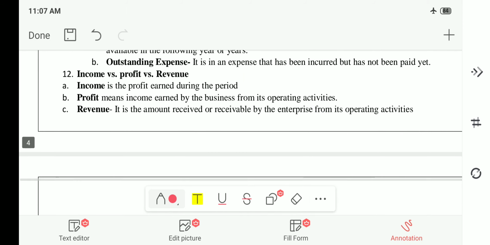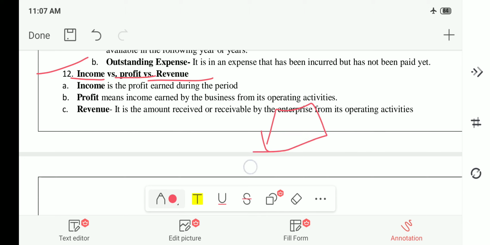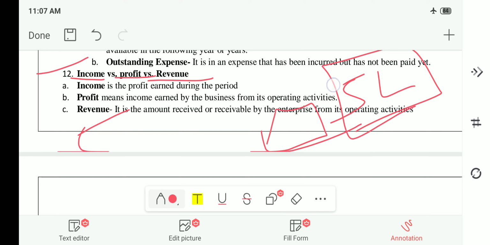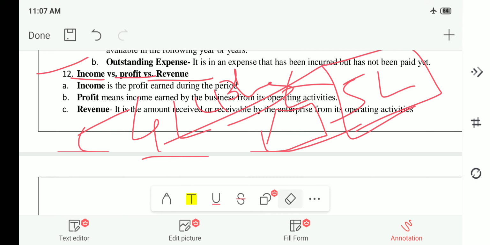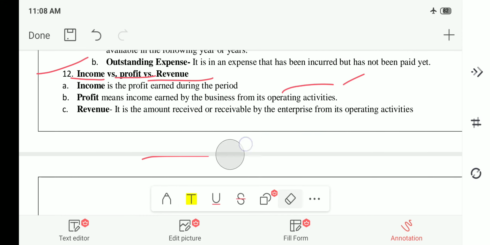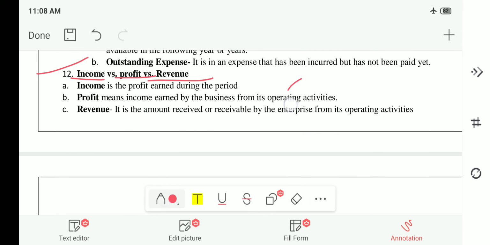Next, the terms are income, profit and revenue. There is a huge difference between income, profit and revenue. We will try to understand this in simple terms. Just imagine that you have a cotton shop. You have brought 5 lakh rupees of assets to this shop. Now in this you have incurred 4 lakh rupees on the clothes, but while reselling you will get 5 lakh rupees.